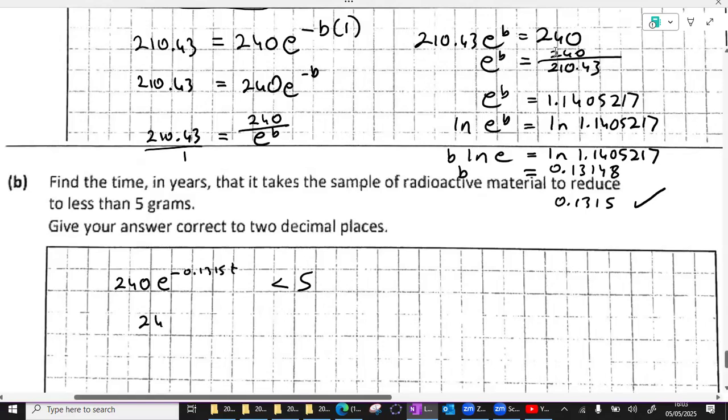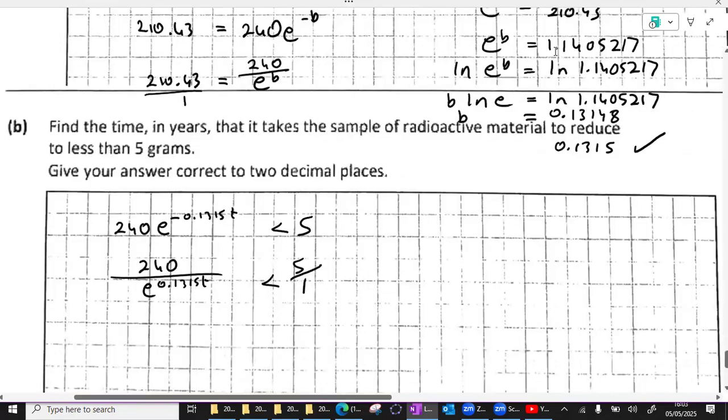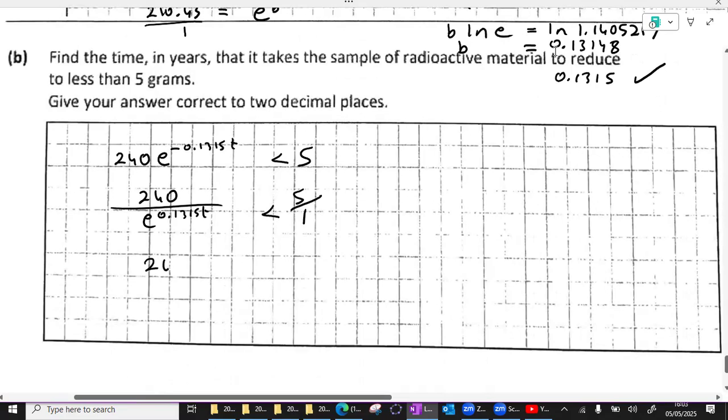So again, I think I will move the e underneath to make it positive. e to the 0.1315 T has to be less than 5, and I'm going to put that over 1. Now I'm going to cross multiply. The reason I'm okay to cross multiply is because T has to be positive. There's no such thing as negative time. So I'm okay in that sense to cross multiply.